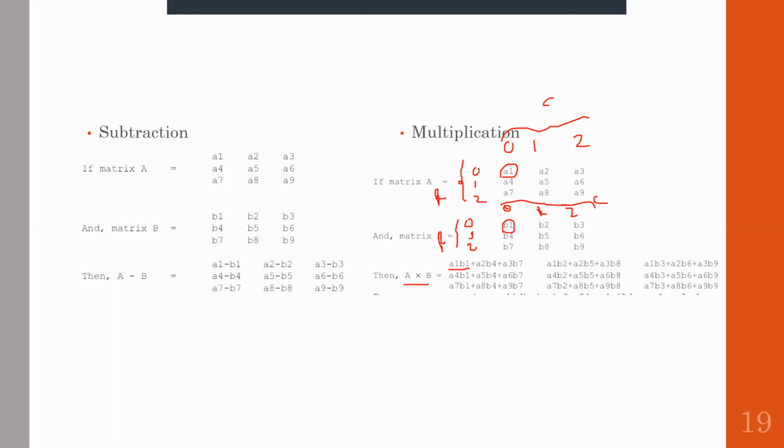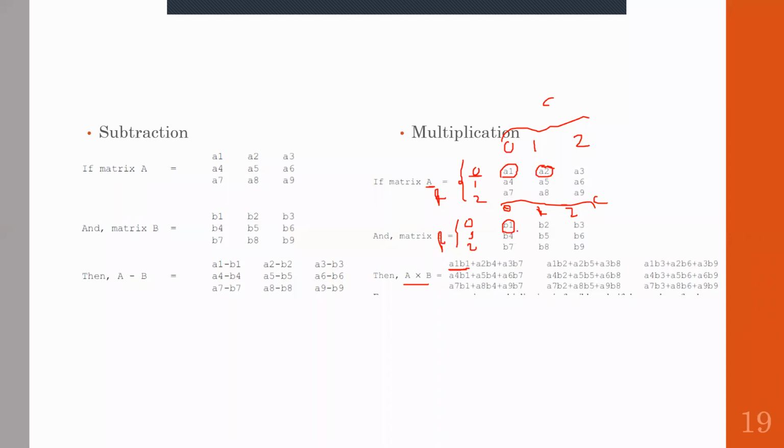So first we considered A1 multiplied with B1, and we got this multiplication result. This result has to be added with what? The element which has row index 0 and column index 1. So matrix A's column has to be incremented. And with which element do we need to multiply this?